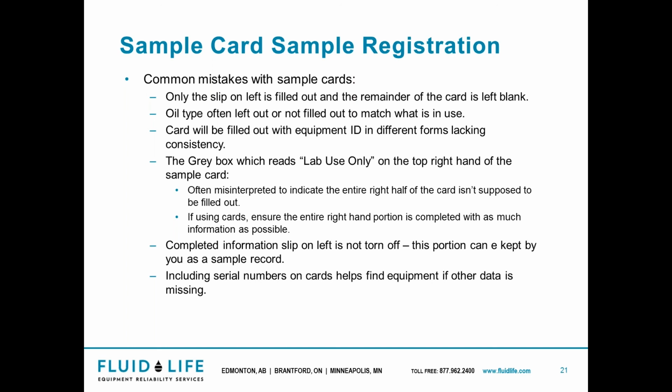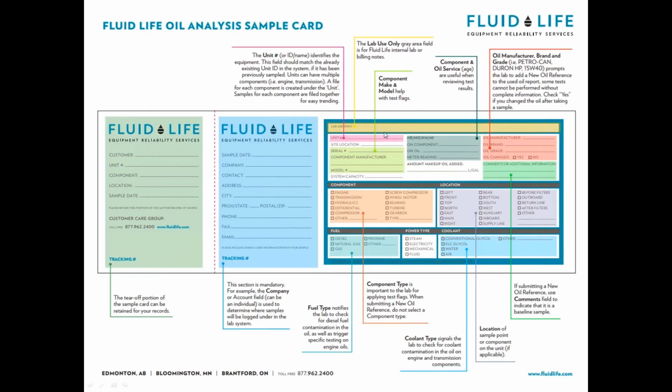For example, if it's a gearbox, they may call it the right gearbox, or another person will have the exact location or the proper equipment number. So it's just important to have that consistency. Now the gray box here, you can see up here, this is lab use only. Sometimes it gets confused that this whole thing is for the lab. This all needs to be filled out by you guys.